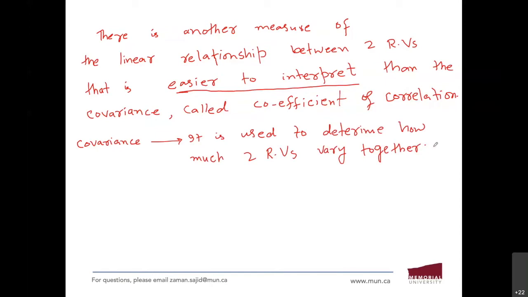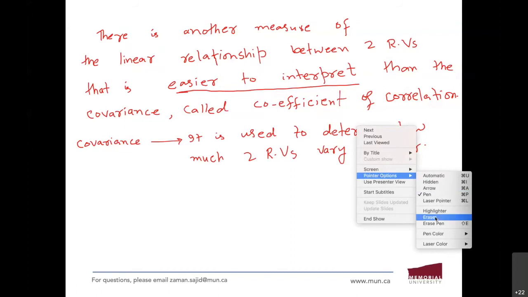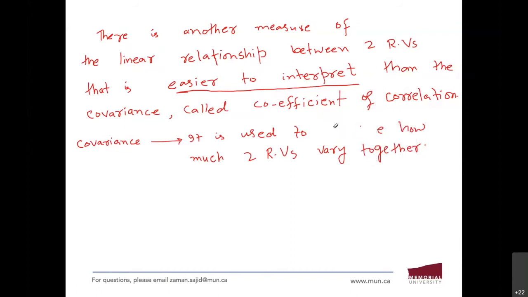I think I wrote down the wrong spelling here. Let me correct. It is used to determine how much two random variables vary together.